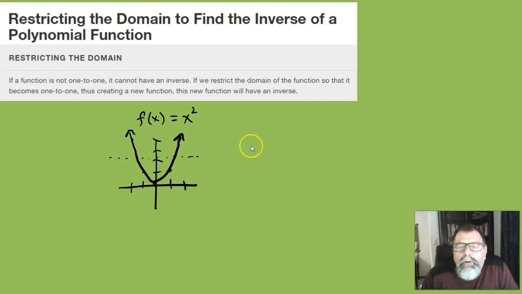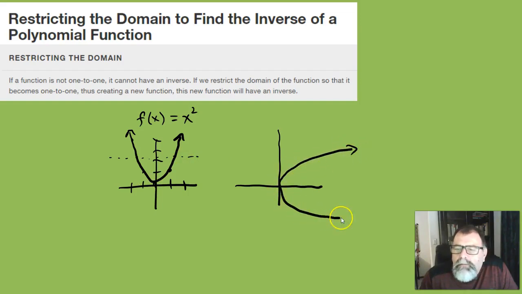So if I do the inverse of that, now it has an inverse relation, but the problem is if I flip this over the line y equals x, it's going to look like this. Okay, so if I did (1, 1), (-1, 1), (4, 2), I should have drawn this a little better, but you get the general idea, right?